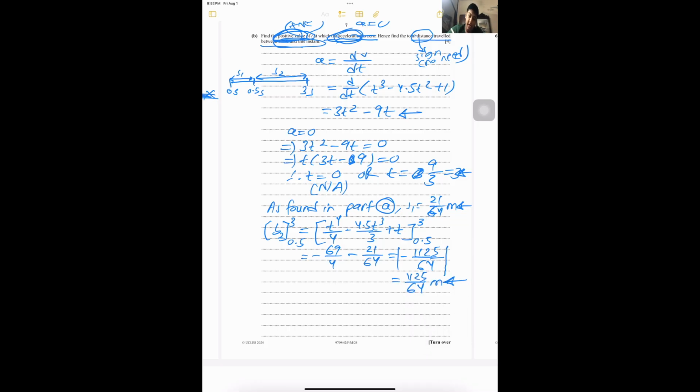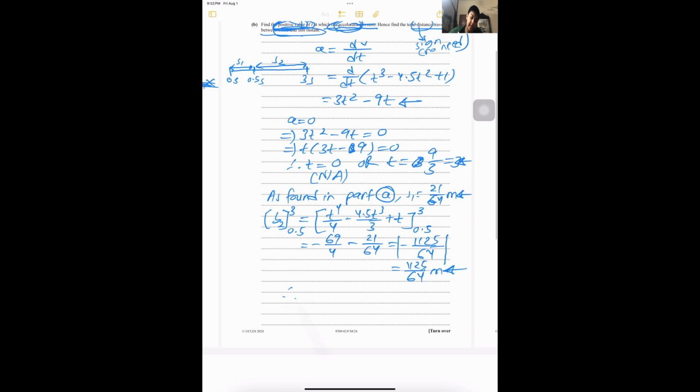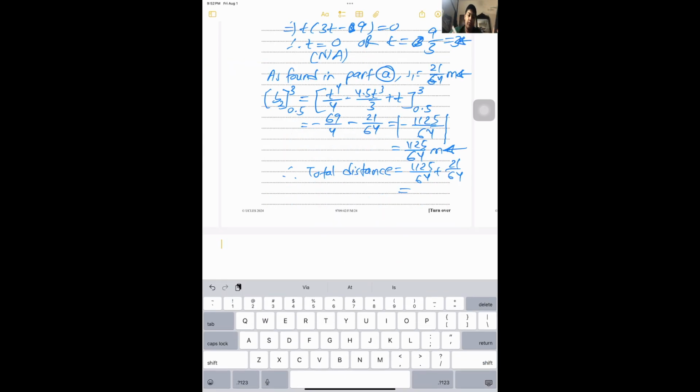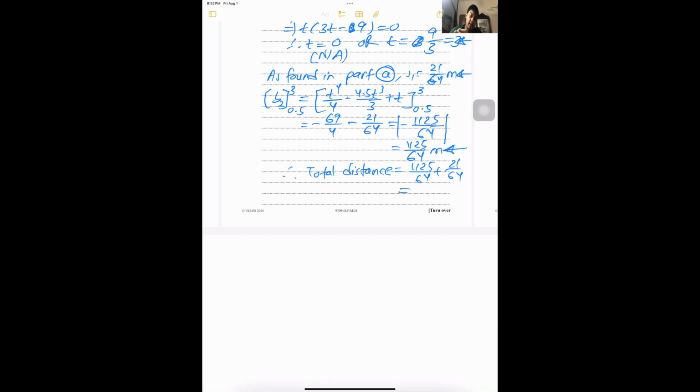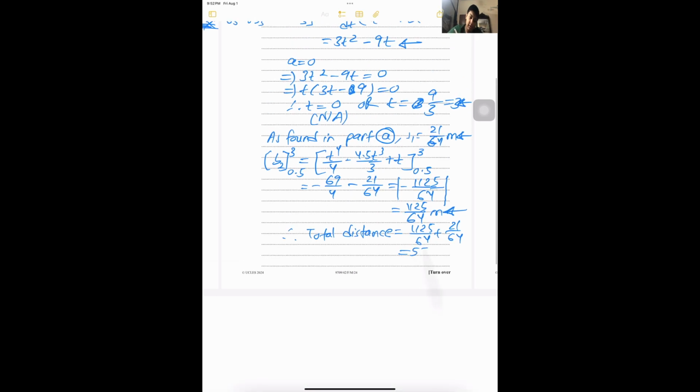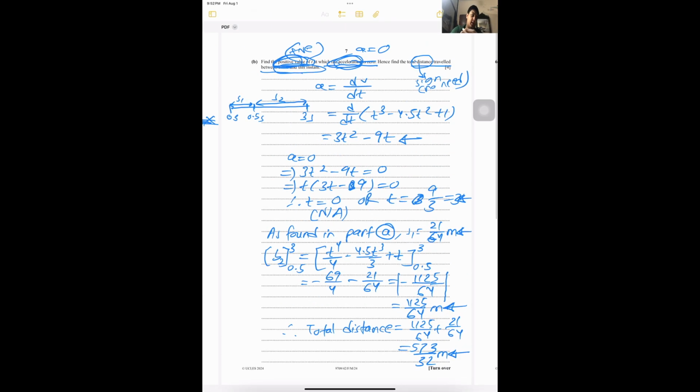Finally, the total distance equals 1125 by 64 plus 21 by 64, which is 573 by 32 meters. So yes, they'll ask for the total distance, and that is the total distance.